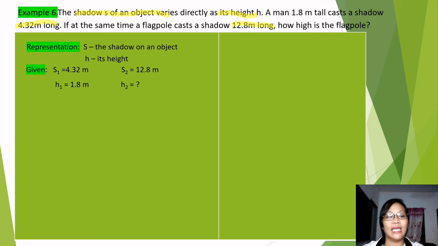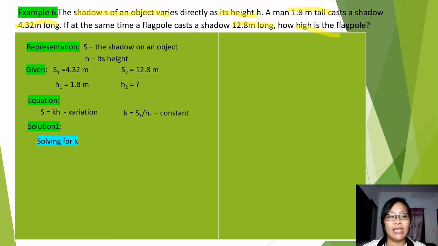Next, H sub 1, we have 1.8 meter. And for our H sub 2, that is the unknown. For our equation, for our variation, we have S is equal to KH. And for our constant, K is equal to S sub 1 all over H sub 1.